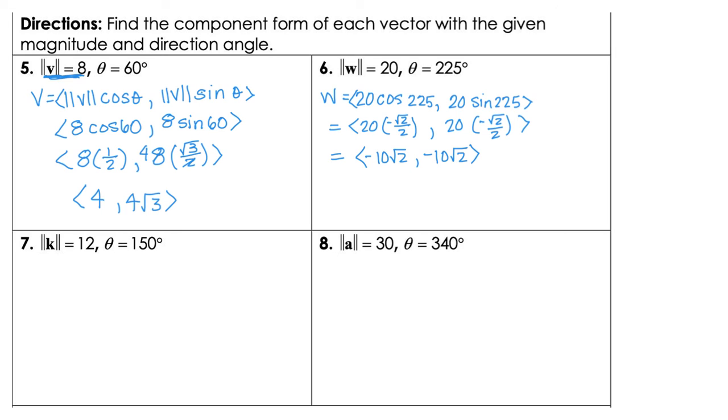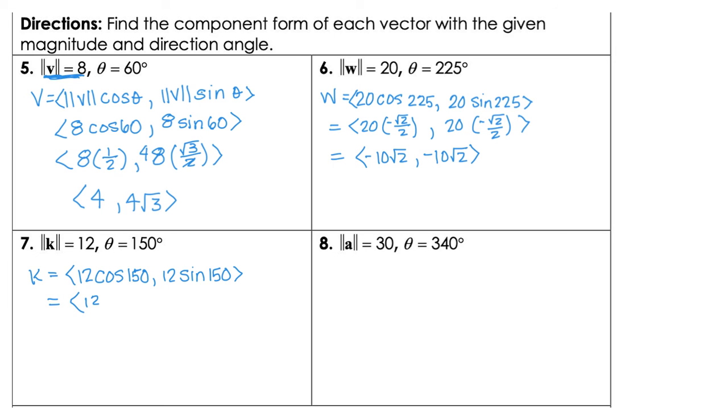Okay. So K equals 12 cosine 150, comma 12 sine 150. And again, all these values are coming from that unit circle. So 12 cosine of 150. Let's see, the reference angle for 150 is 30.